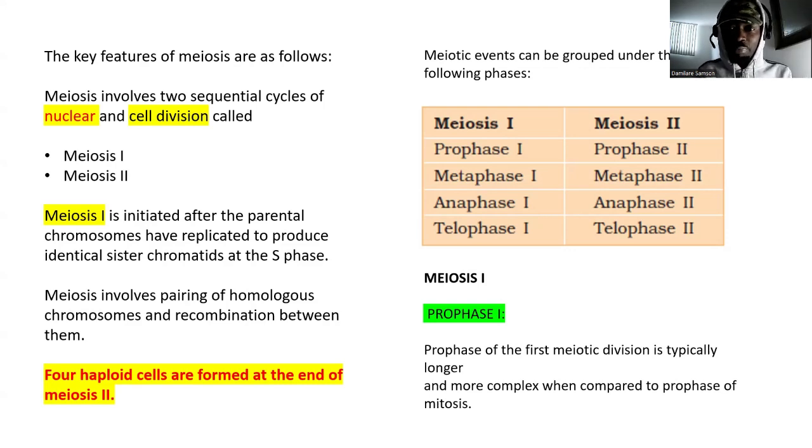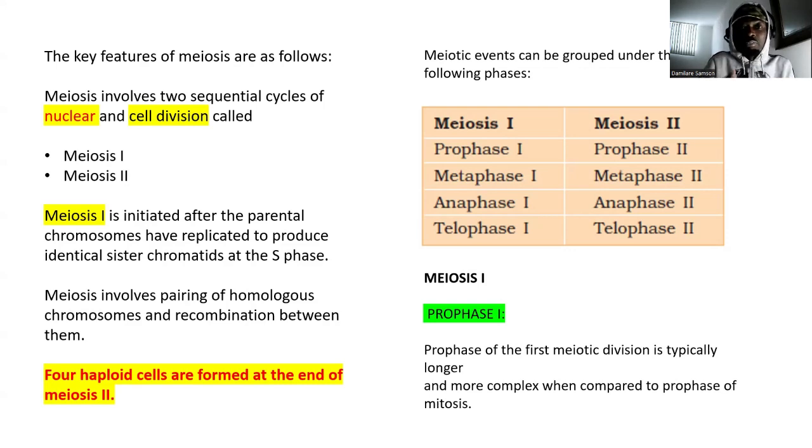Now, meiotic events can be grouped under the following phases: meiosis 1 and meiosis 2. When we talk about meiotic, it is the same thing as meiosis, just like mitosis and mitotic.